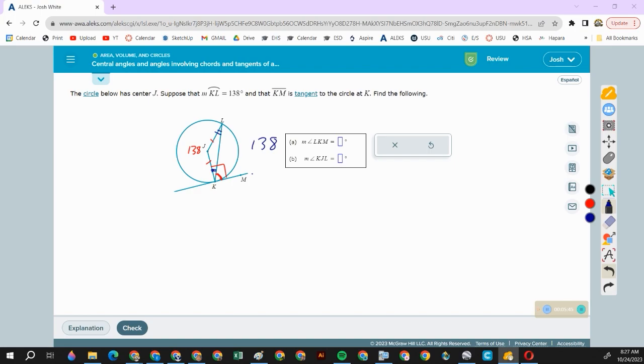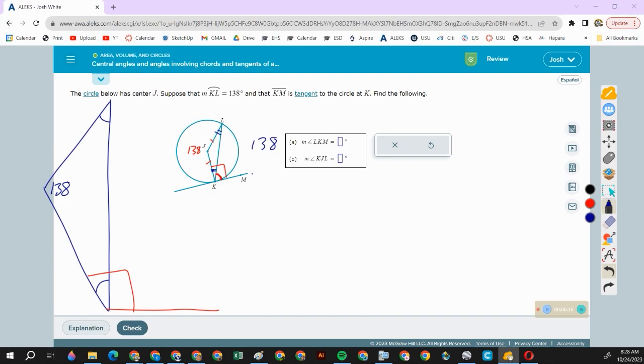So how do we figure out how big those are? So let me draw a bigger version of that triangle. If this is 138, and I know those are the same size, how do I figure out their measure? Good.